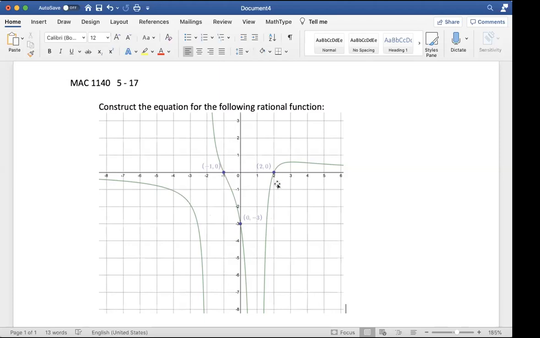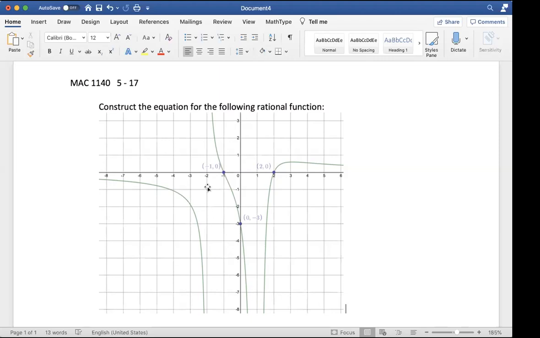But you'll notice here at 1, it's going down on both sides. Going to -infinity as I approach from the right, going to -infinity as I approach from the left. If that's the case, then what do I have? Then I have a situation where x equals 1, but that's a multiplicity 2 asymptote.